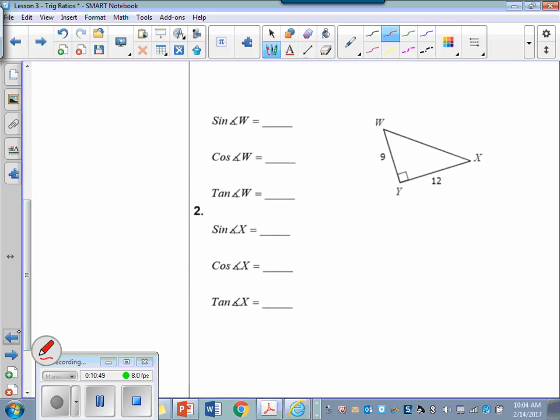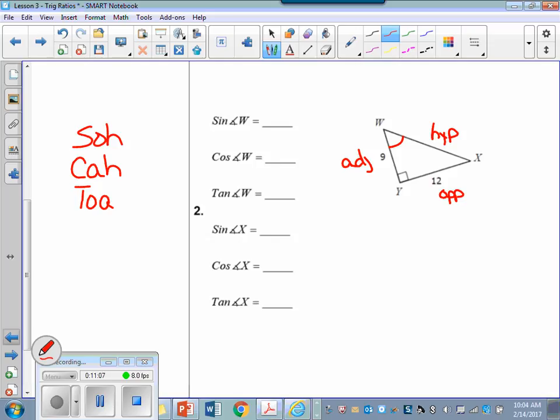Number 2. I'm going to write out SOH, CAH, TOA again. And I'm starting off with angle W.